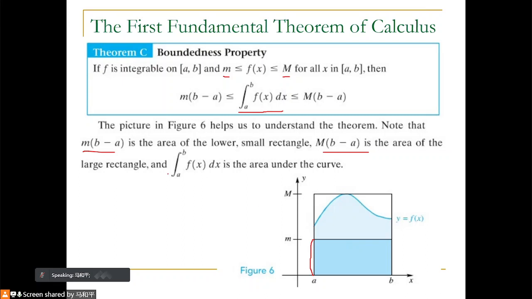They have the same base b minus a, and since y equals f(x) is between m and M, the definite integral is the area under the curve, between the two rectangles. So this is the boundedness property.